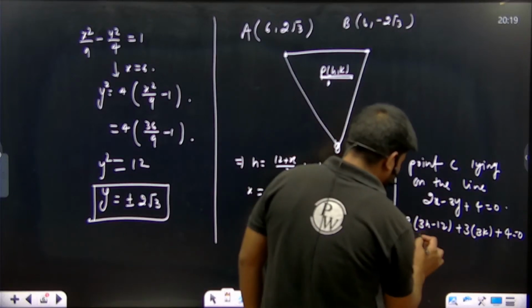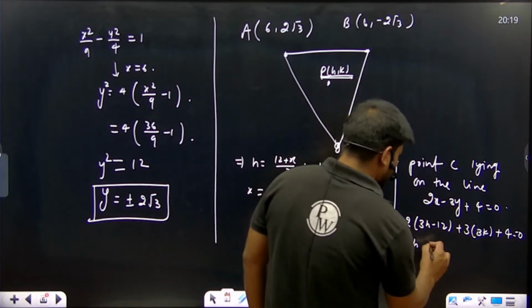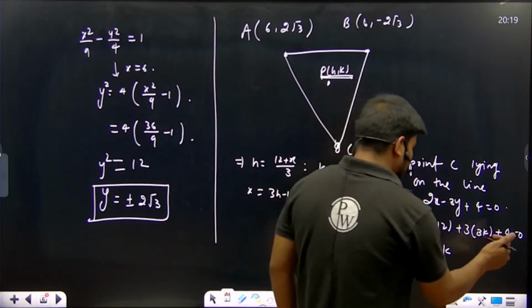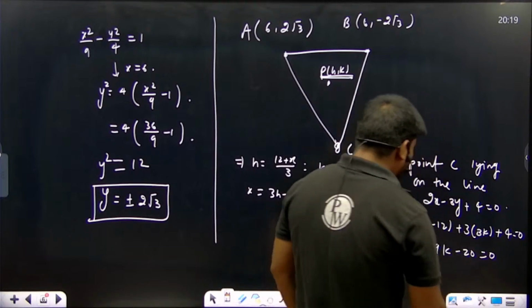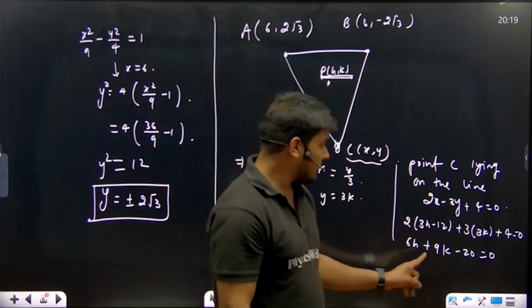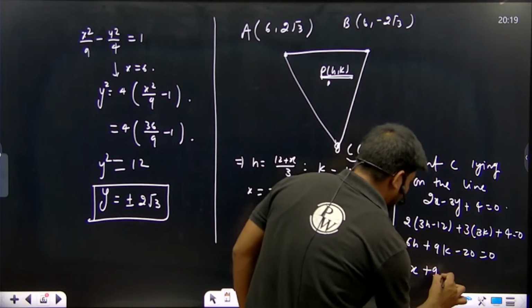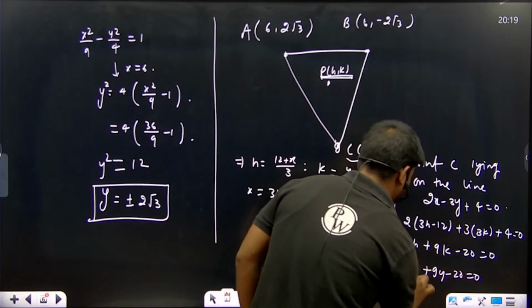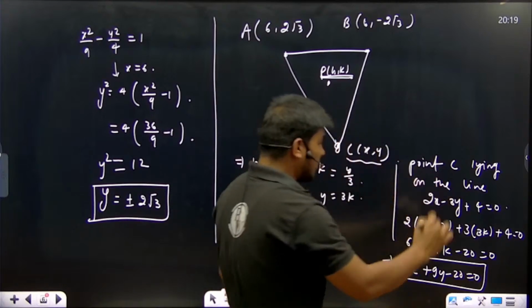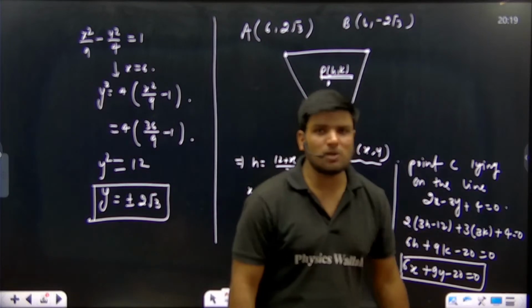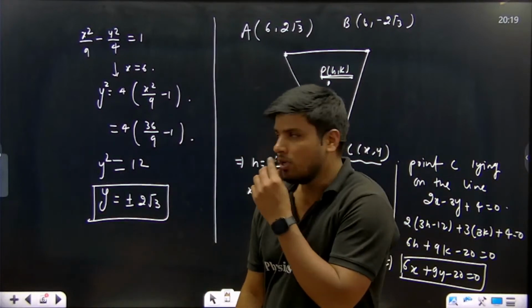Here we can write 6h plus 9k minus 24 plus 4 minus 20 equals to 0. Now I replace h by x and k by y, and I get 6x plus 9y minus 20 equals to 0. So the locus of centroid of triangle ABC will be 6x plus 9y minus 20 equals to 0.